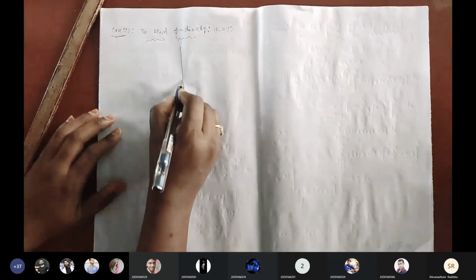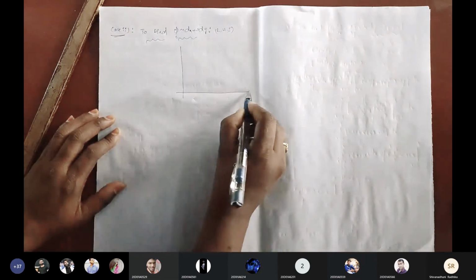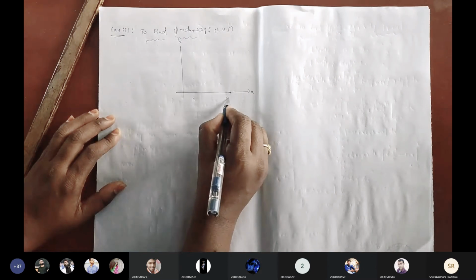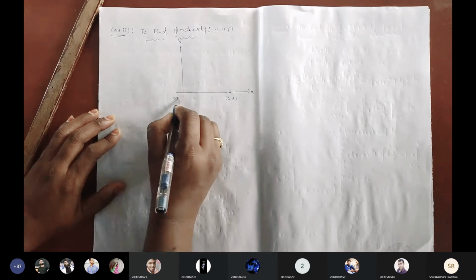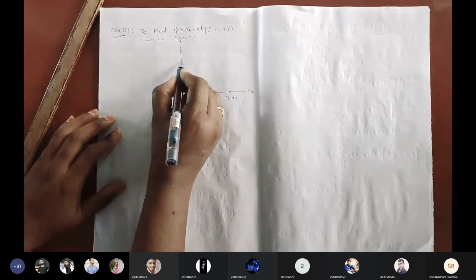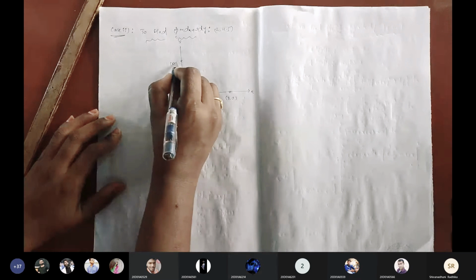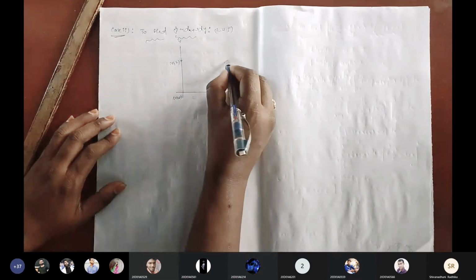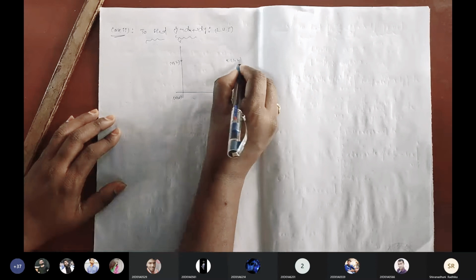So the diagram is: this is the y-axis, here it is the x-axis, and this is x is 2, y 0, and this is 0, comma 0. Here it is x 0, y 2, and this intersection point is 2, comma 2.